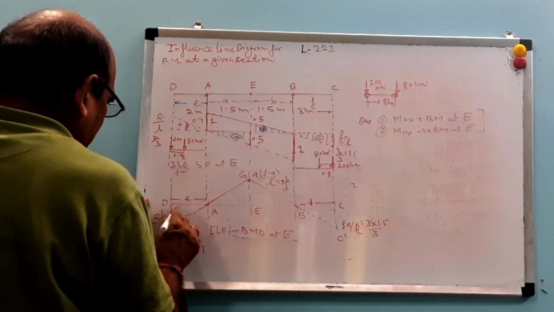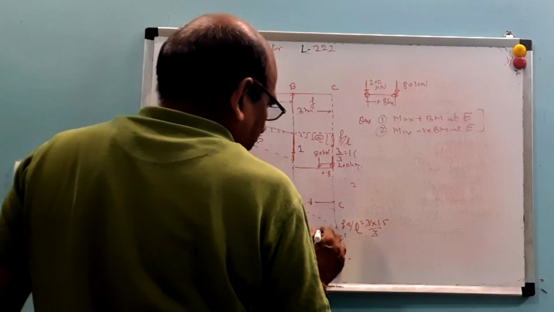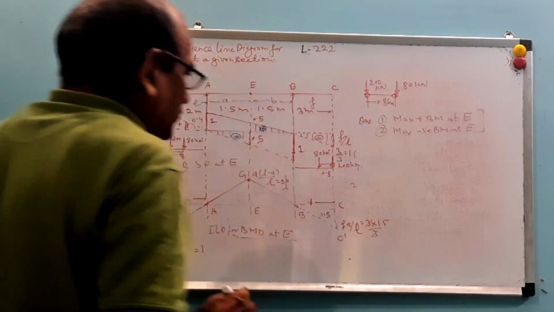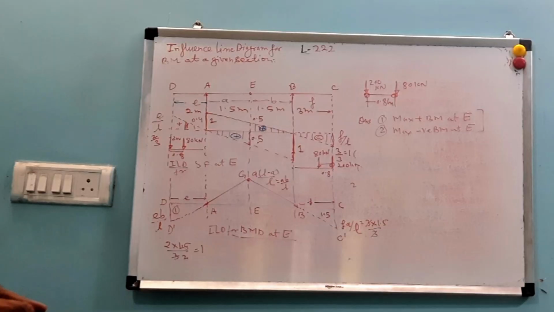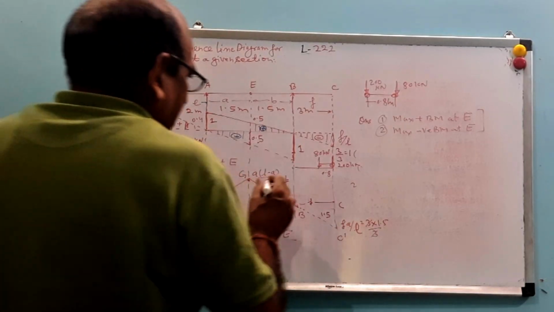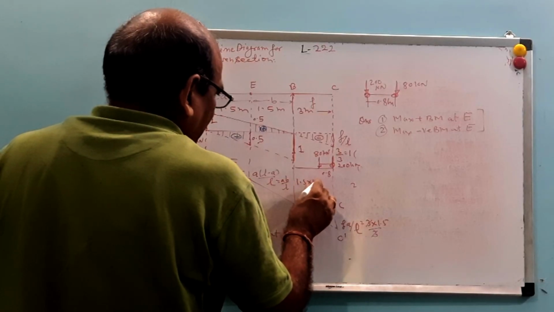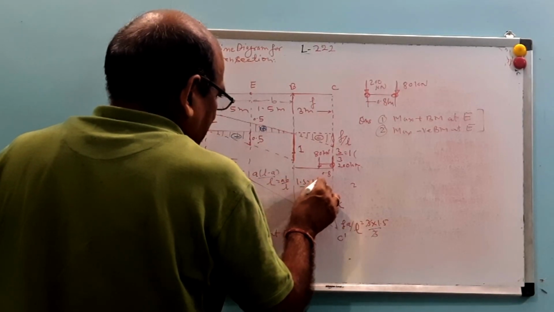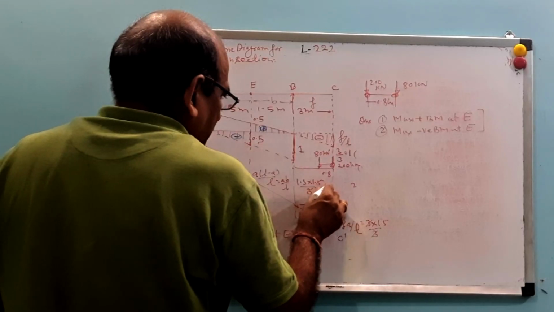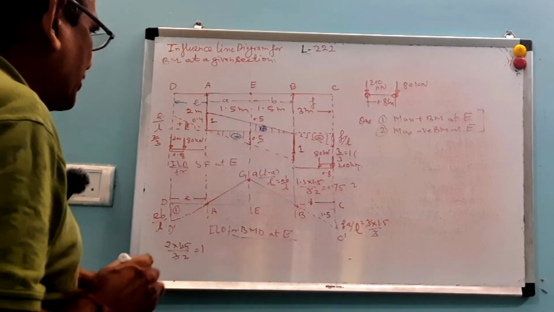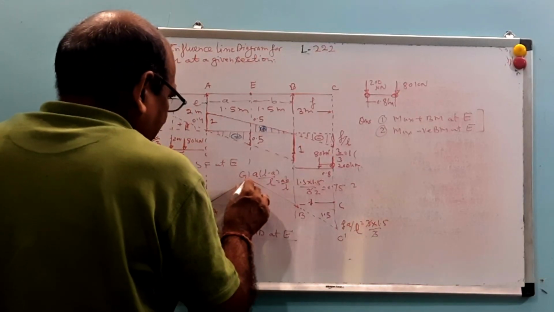So this is 1 unit and this is your 1.5 unit. And what is this? AB by L. AB is 1.5 into 1.5 divided by 3. So this is 0.75. So this ordinate is 0.75.